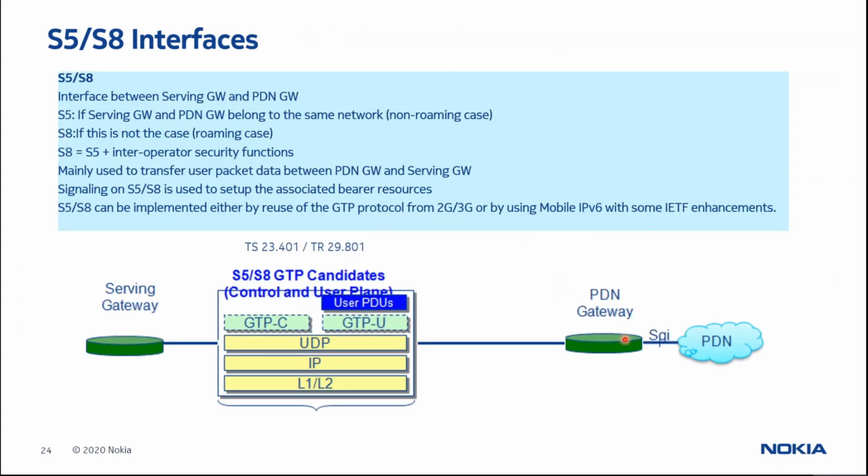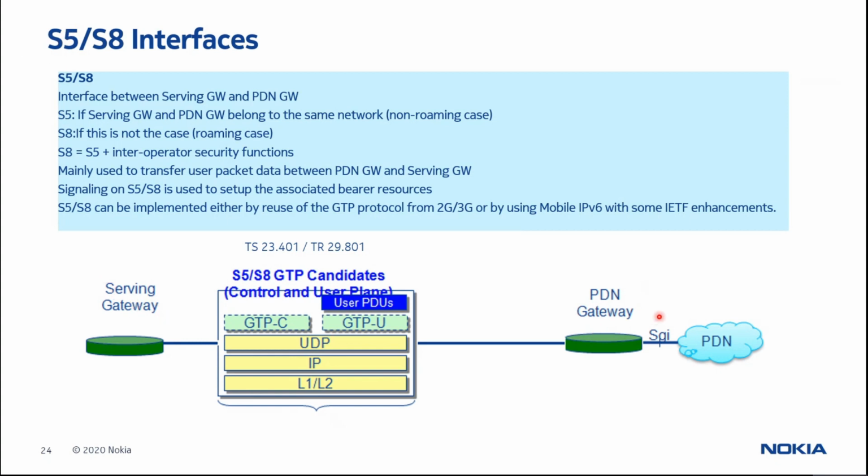Of course, when you talk about serving gateway and PDN gateway, the main difference between S5 and S8 is that S8 is used as an interface in case the serving gateway of operator Y is going to talk with the PDN gateway of operator Z. So if the serving gateway and PDN gateway both belong to the same operator, then you have S5.